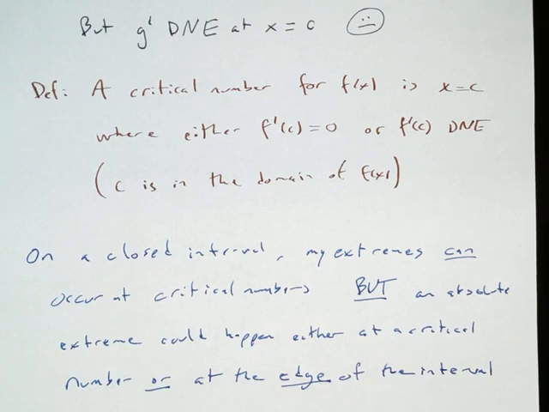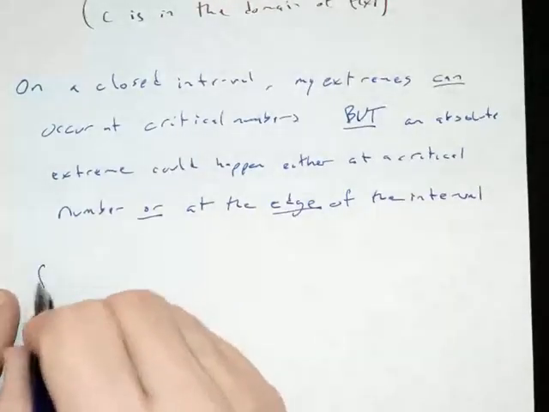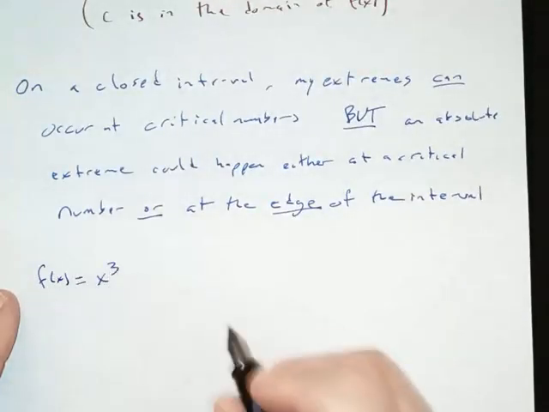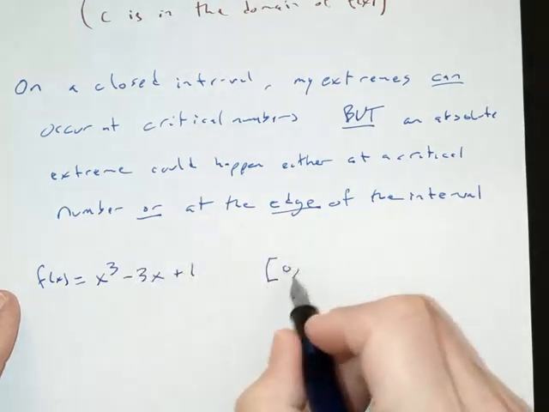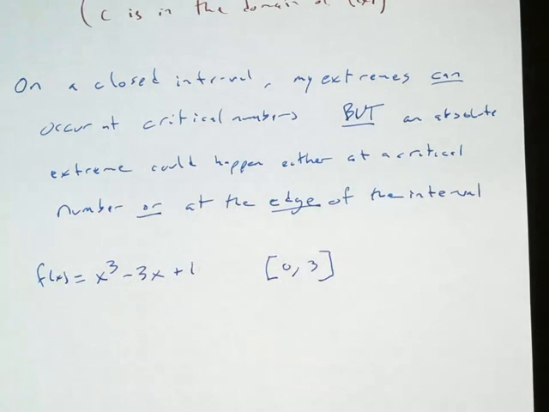So here's an example. Here's the function: f of x is x cubed minus 3x plus 1 on the interval from 0 to 3. I only care about numbers between 0 and 3. Find me the critical points, critical numbers for this function.